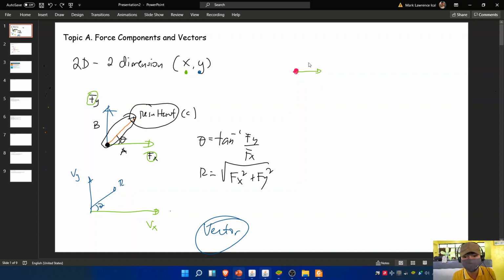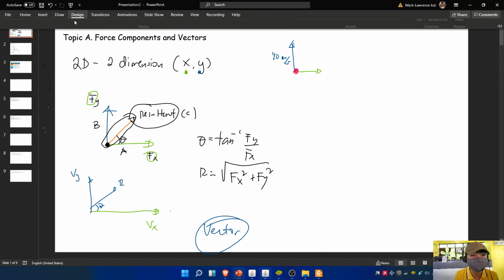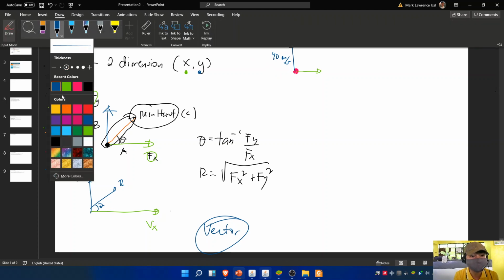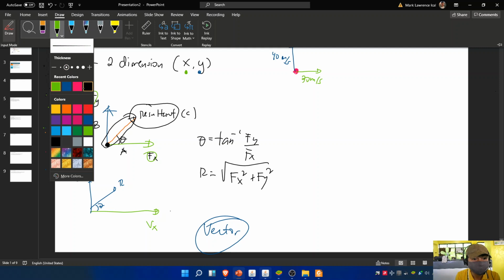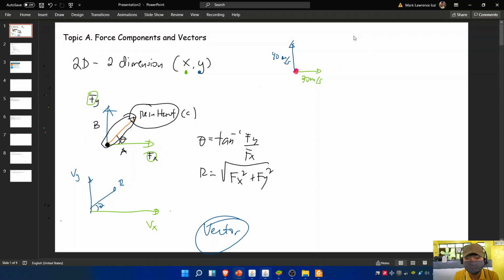Right? This is, let's say, 40 meters per second. And let's say this one is 30 meters per second. Alright? So, let's compute for the resultant, R. What's the resultant, R?